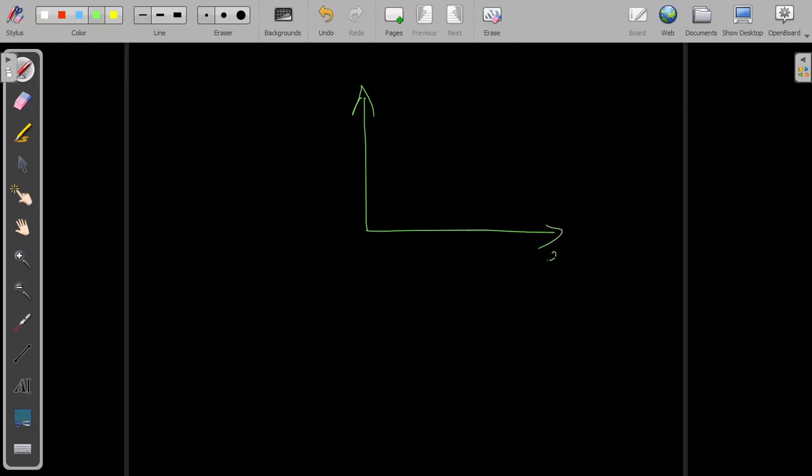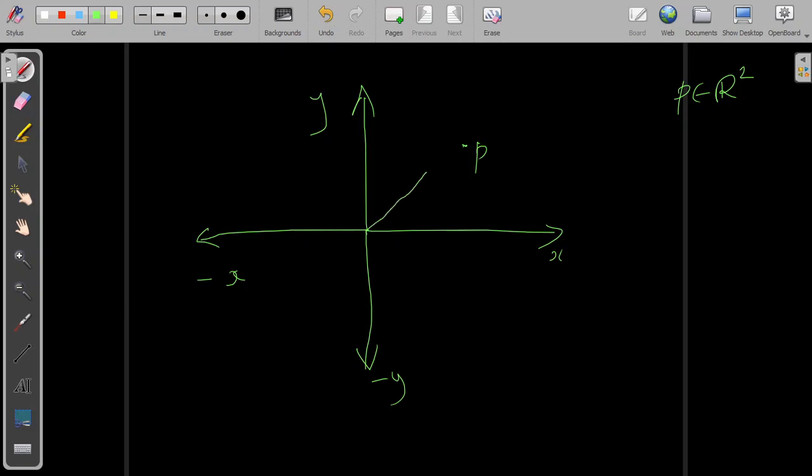We have the x-axis, y-axis, minus y-axis and minus x-axis. Now a vector, a point in 2D space, is P, and I draw the vector OP like this.